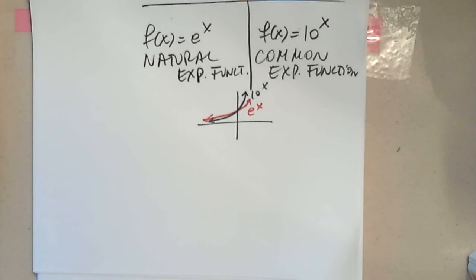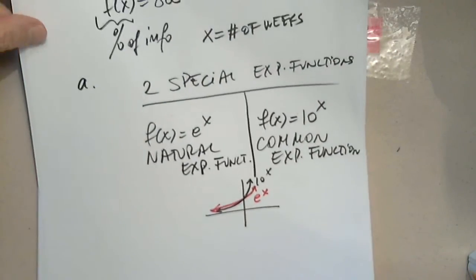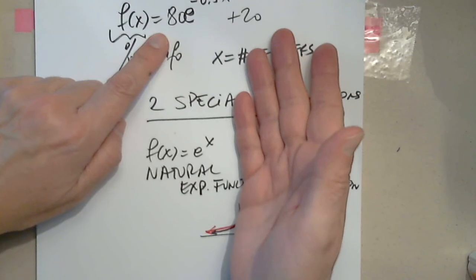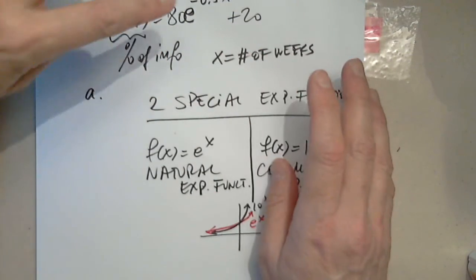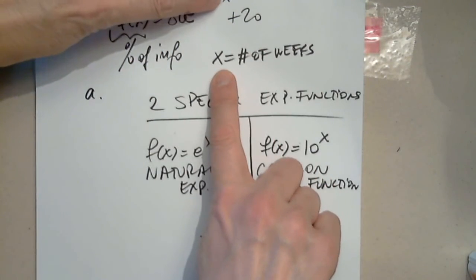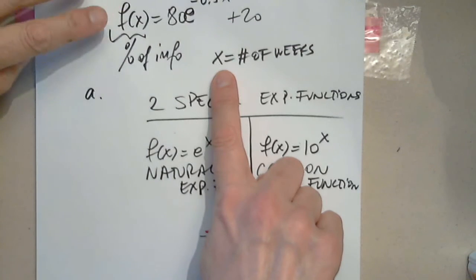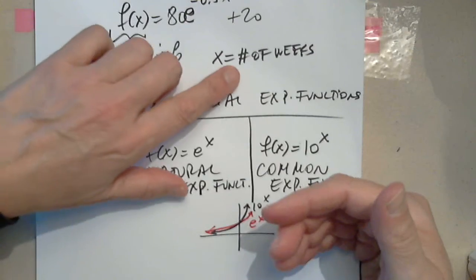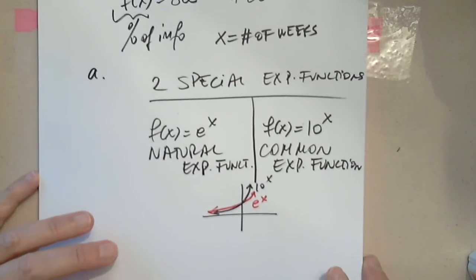Okay, so we know that the function is given to us, and it relates number of weeks, x, to the percentage of information that we still retain after such and such weeks.